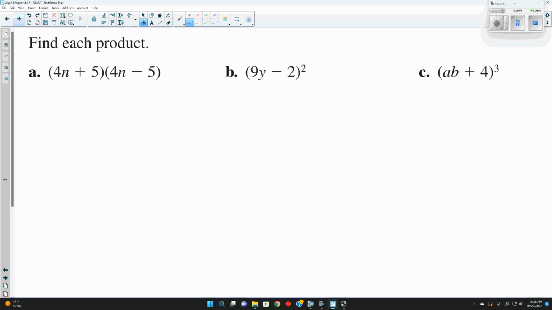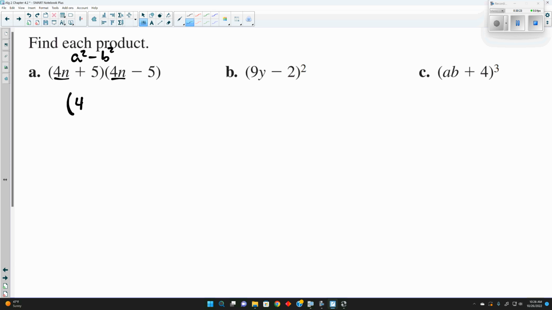So if we look at this here, first one, 4n plus 5 times 4n minus 5. This is our shortcut, or just a difference of perfect squares. It's perfect squares factored, yes? Because really we're saying that this started out as a squared minus b squared, yes? For a, here is our 4n.